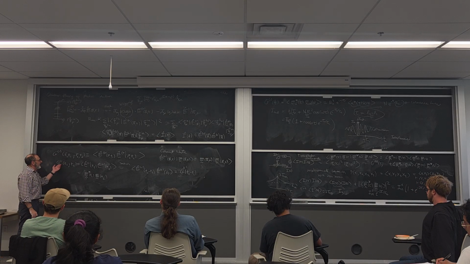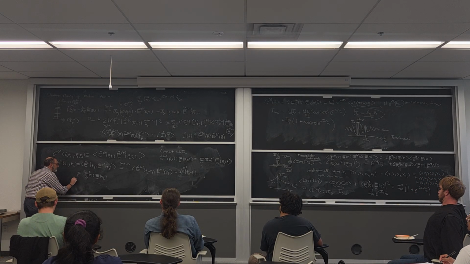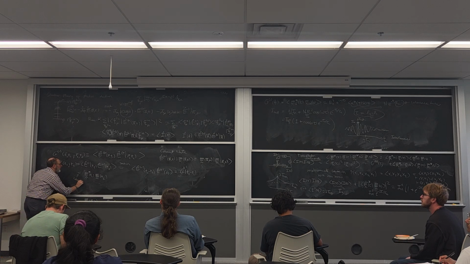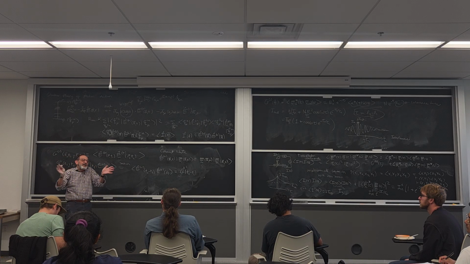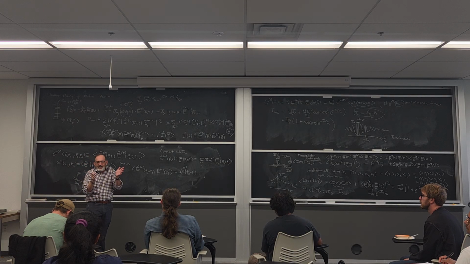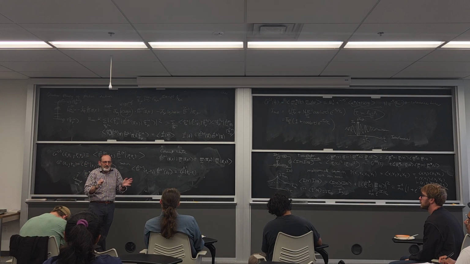It's no different if I have a coherent state. And that's kind of what we expect. The semi-classical model is the same. The quantum fluctuations in the coherent state are irrelevant. It just looks like it was the classical field.